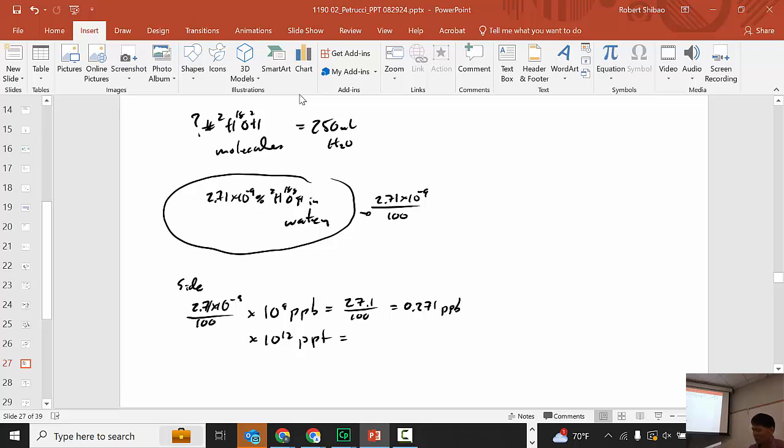You can punch that into your calculator if you want. Did I do this calculation correctly? Maybe I didn't. Is that what you guys got? Or did I screw up the calculation?